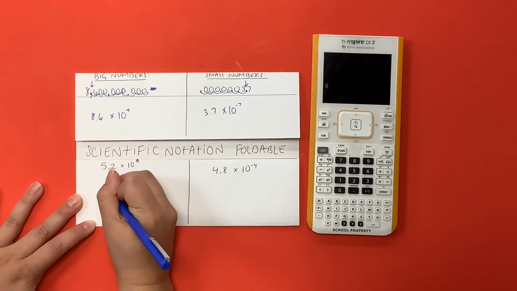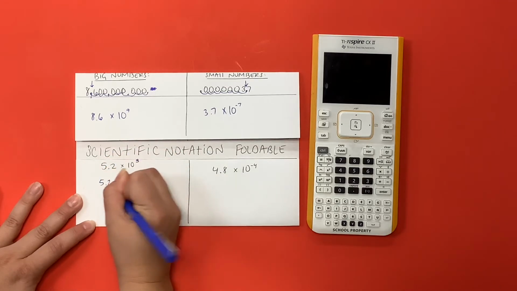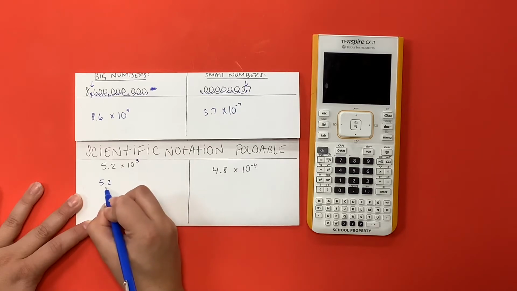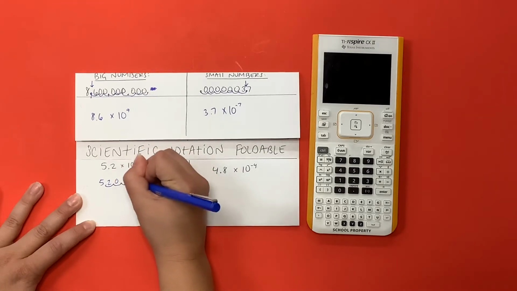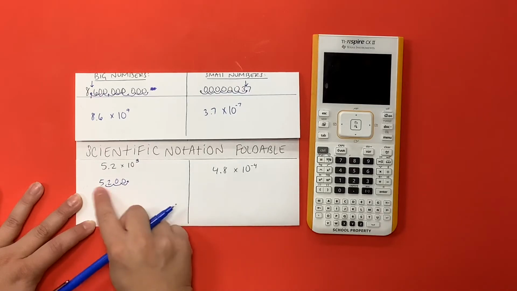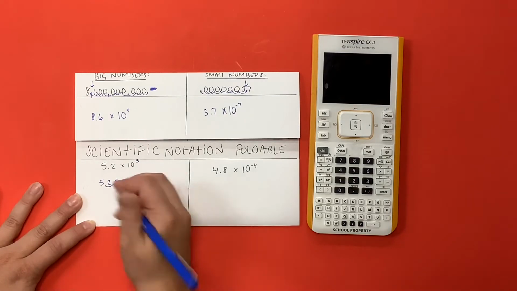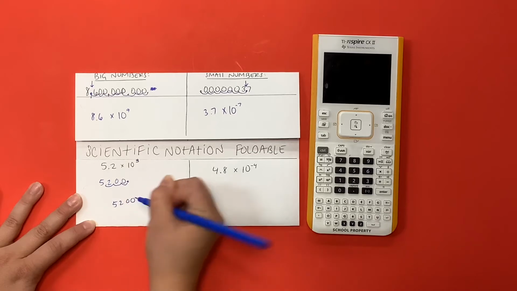All right, so if I take 5.2 and move the decimal 3 times, I'm going to move it once, twice, 3 times. Now, of course, there was nothing there. I jumped an invisible number. I'm going to fill those in with zeros. So this is my new number, 5200. Let's write it, 5200.